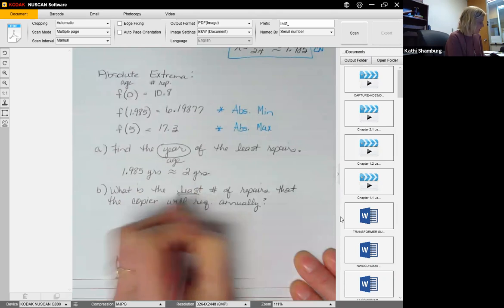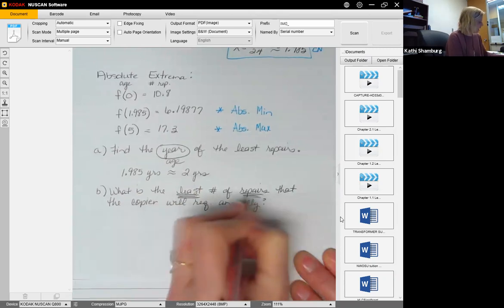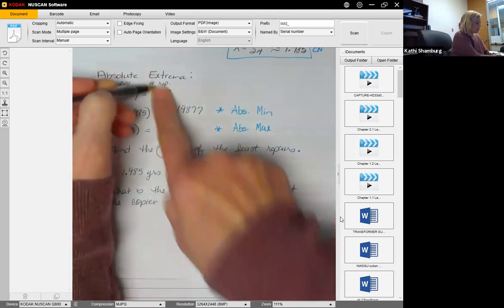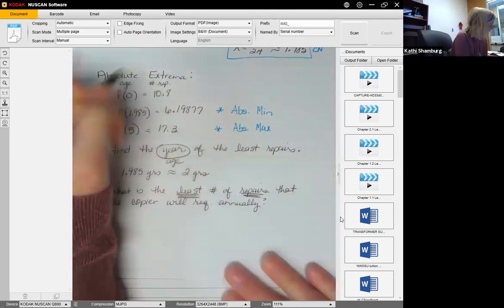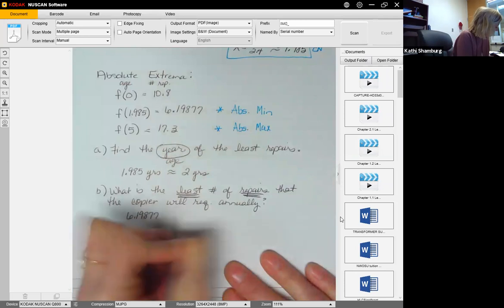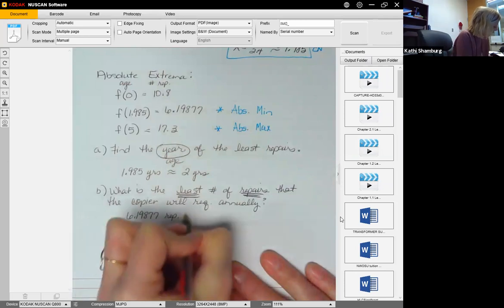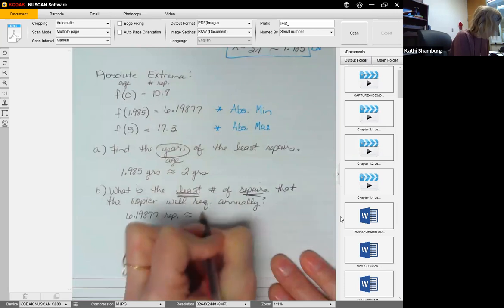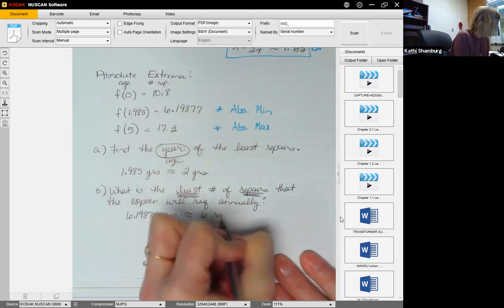Of course, least repairs, output is repairs, the least, so it would be 6.19877 repairs, or approximately 6 repairs for the year.